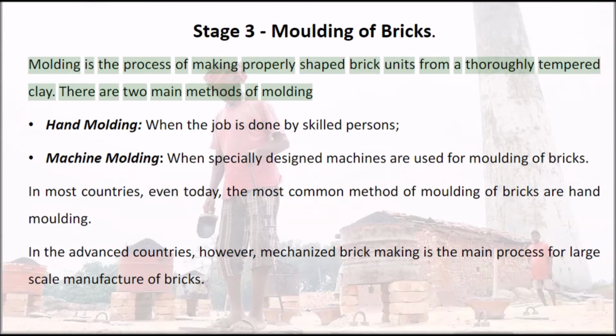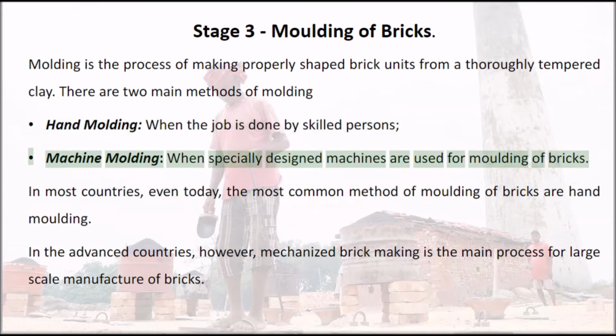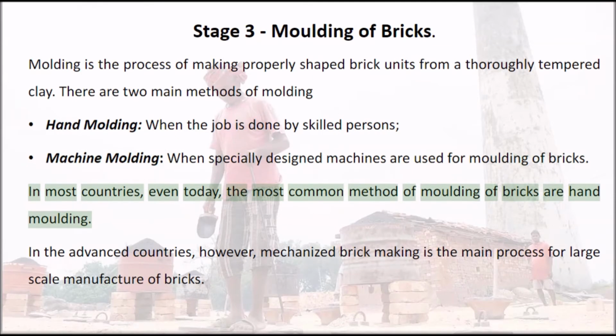Machine molding, when specially designed machines are used for molding of bricks. In most countries, even today, the most common method of molding of bricks is hand molding. In the advanced countries, however, mechanized brick making is the main process for large-scale manufacture of bricks.